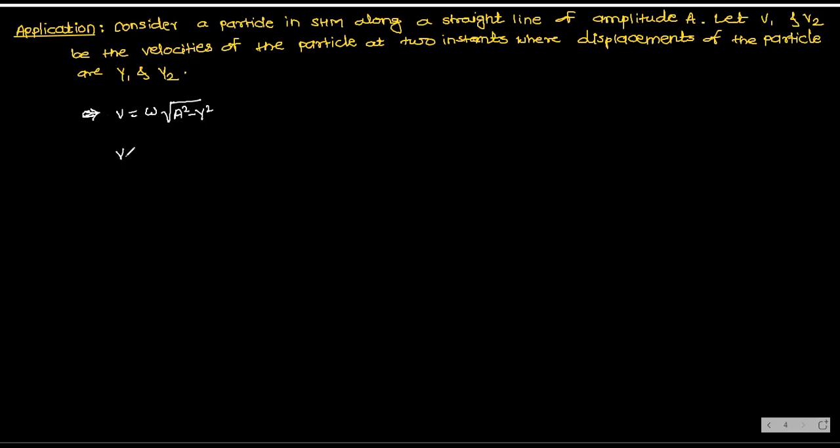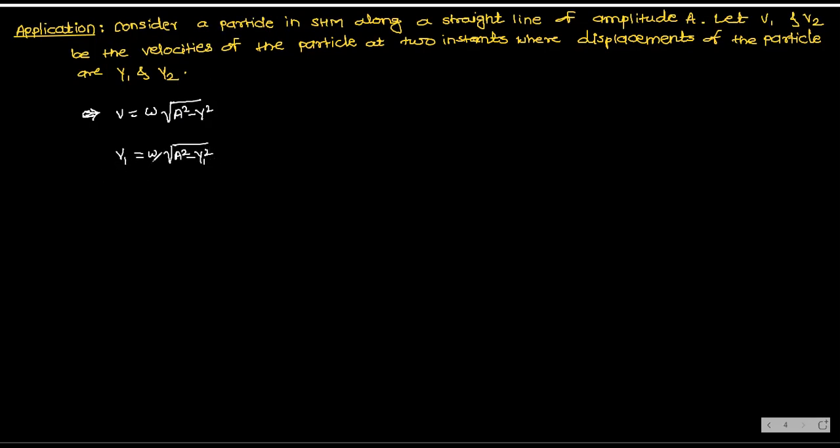So if v1 is the velocity at the first instant, then v1 is equal to omega under root a square minus y1 square. Clear? Okay. What I got? v1 is equal to omega under root a square minus y1 square. y1 is the displacement of the particle at the first point and v1 is the velocity at that particular point. Clear?